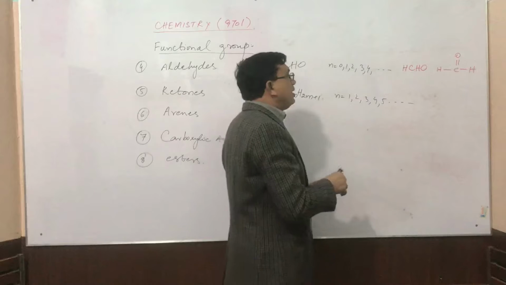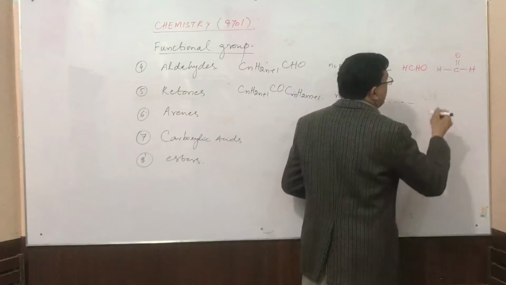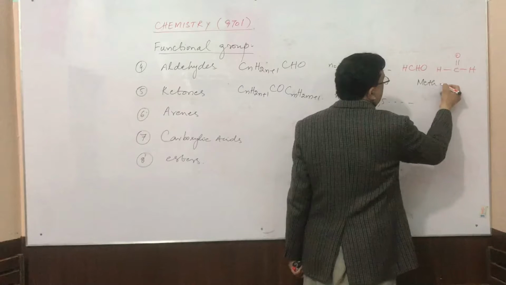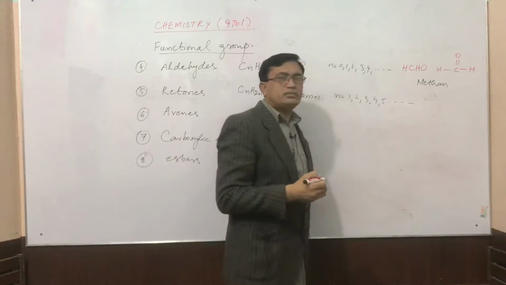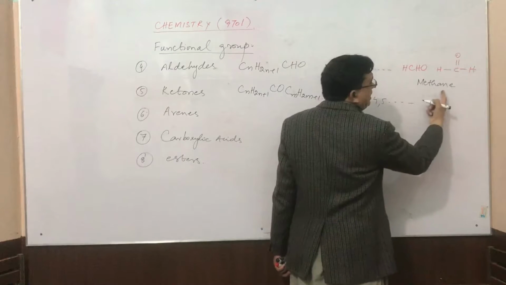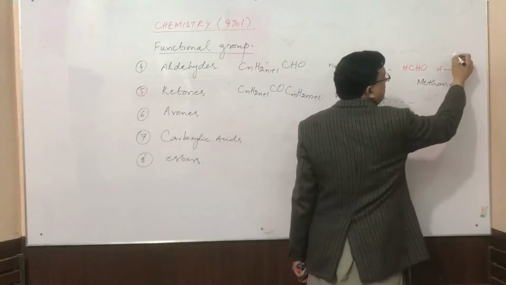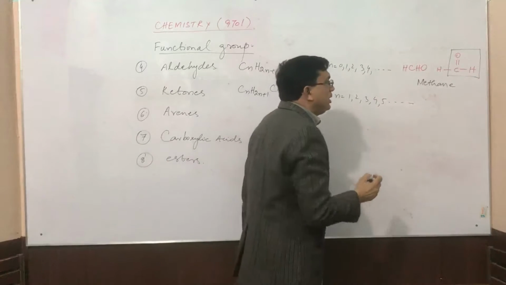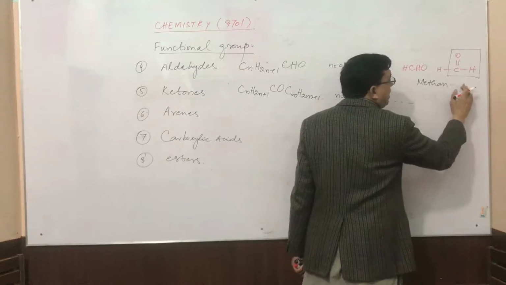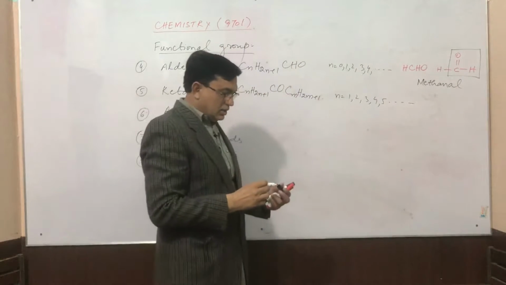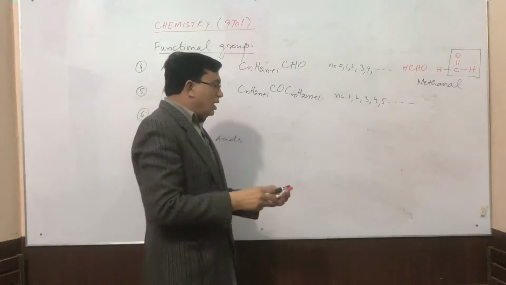Due to the one carbon atom, we know that the single carbon compound is named methane. The E of methane is removed due to this functional group, and E is replaced by al. This will become methanal.